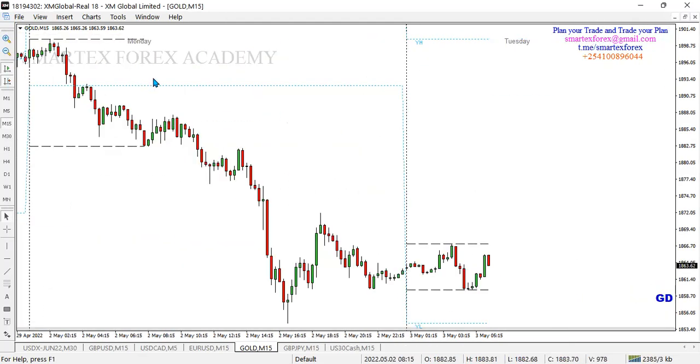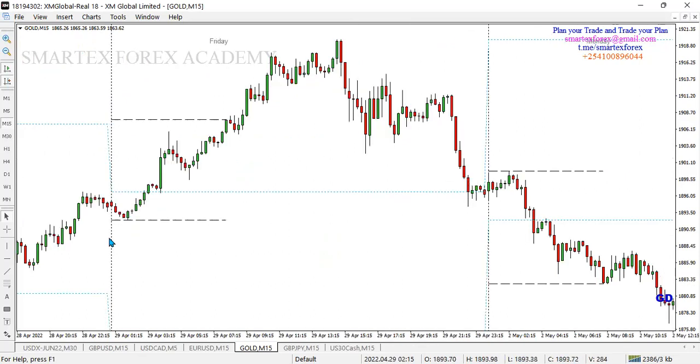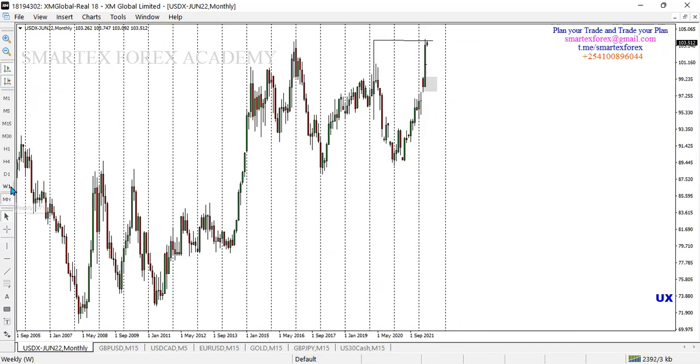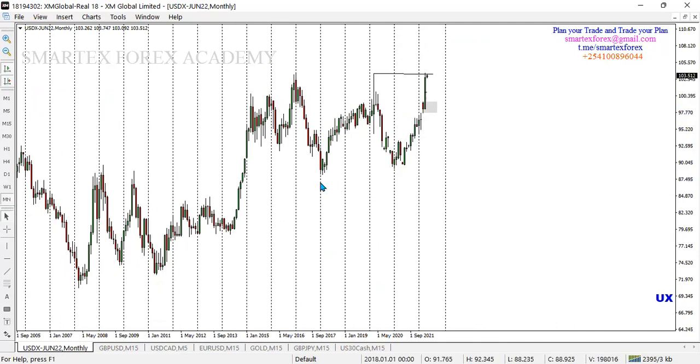So let's look at a few of the pairs here. I'm going to look at the dollar index very briefly. When you look at the dollar index on the monthly time frame, we can see that the old highs have been visited.